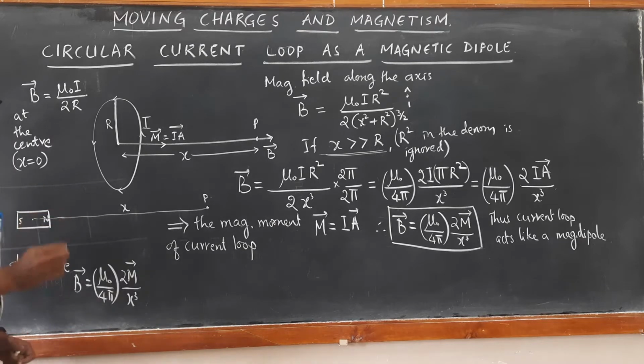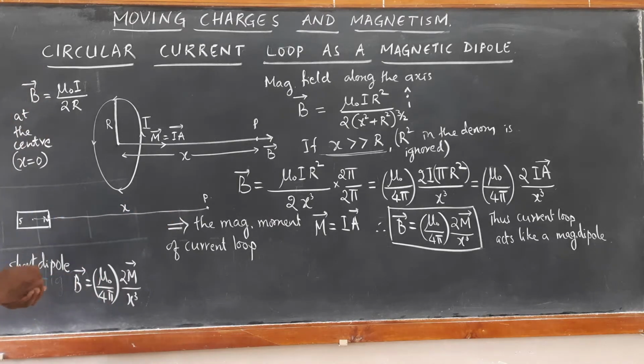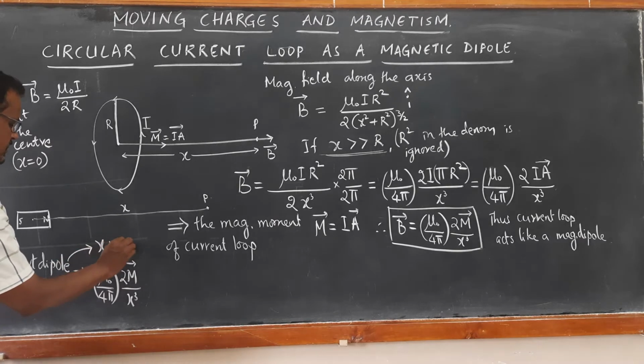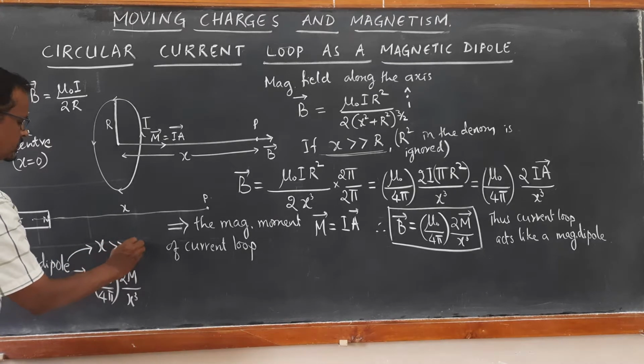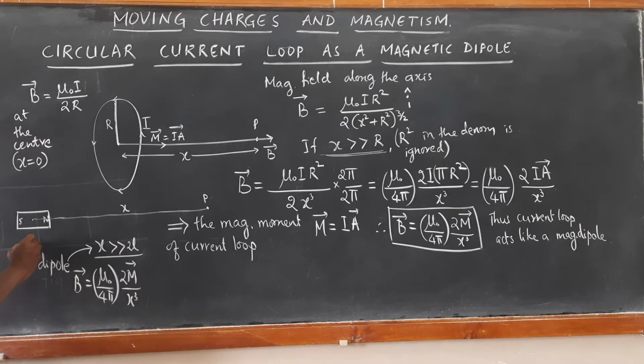So what is a short dipole? A short dipole is one whose length is very much less compared to the distance x. It is the one where x is very much large compared to the dipole length. The dipole length here is usually taken as 2L. So this is for a short magnetic dipole.